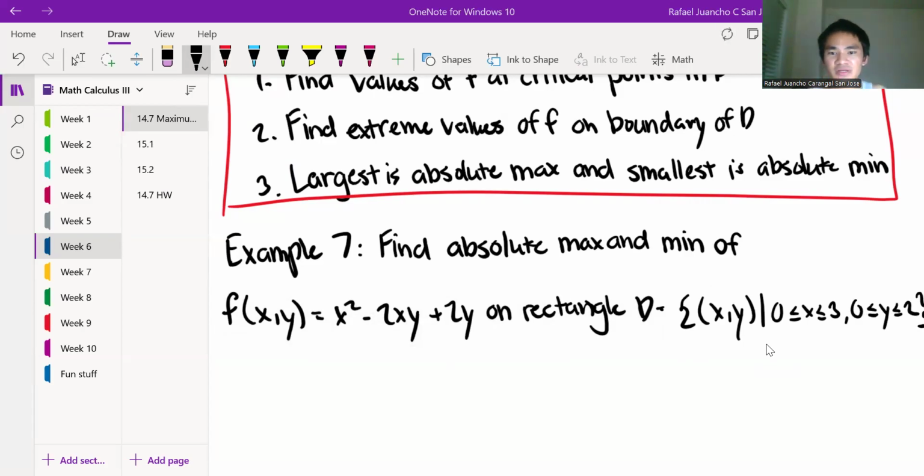Since f is a polynomial, it is continuous on the closed bounded rectangle. So theorem 8 tells us, since polynomial functions are continuous, that there's an absolute max and min. First we find critical points.